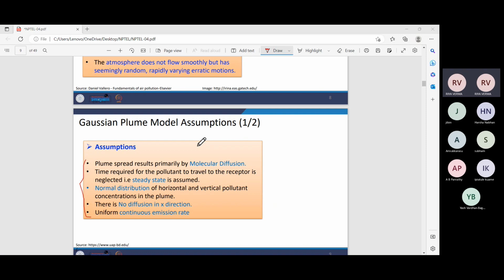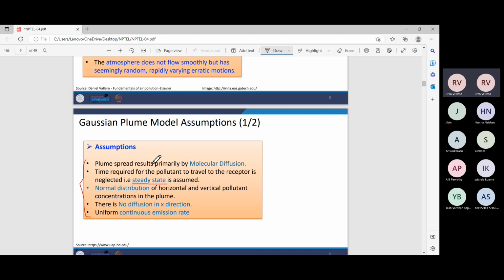The moment the pollutant is released from the stack is the same as when it is received at the receptor. Basically, we are not taking into account the impact of the time coordinate. We are just working on the space coordinates and using those in our numerical modeling as well. So that's why steady state is assumed. We are assuming that there is no variation with time.